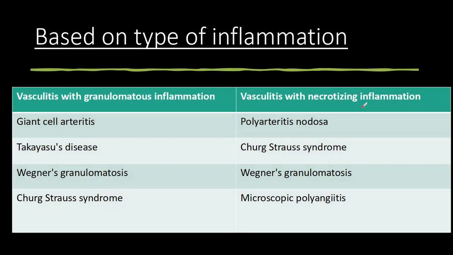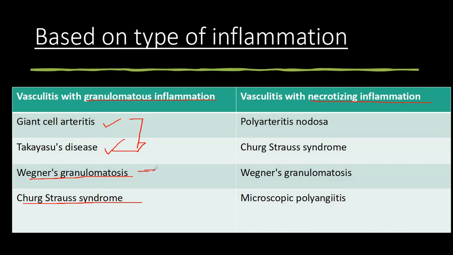Now, based on the type of inflammation, you can classify the vasculitides as either with granulomatous inflammation or with necrotizing inflammation. Those with granulomatous inflammation include giant cell arteritis and Takayasu's disease. These both are large vessels, so that is easy to remember. Then Wegener's granulomatosis and Churg-Strauss syndrome.